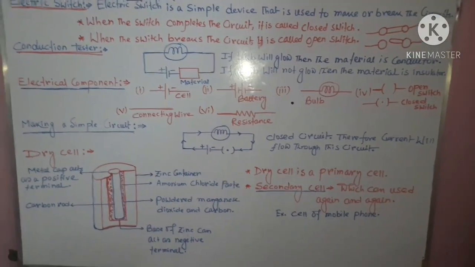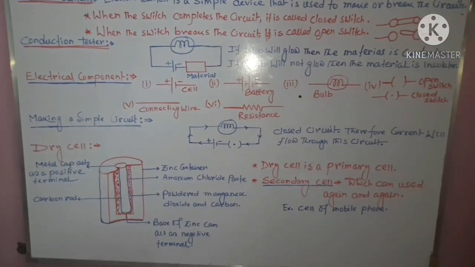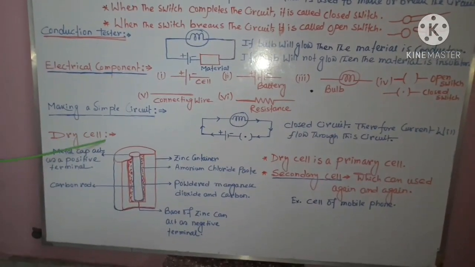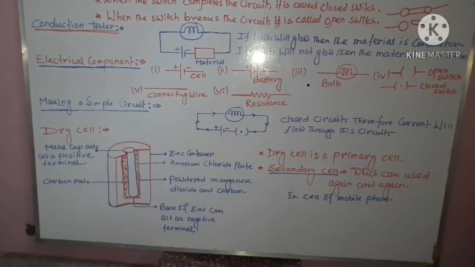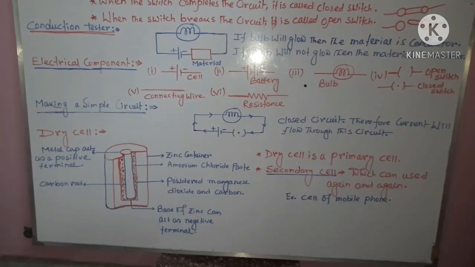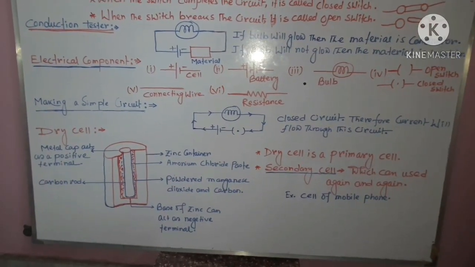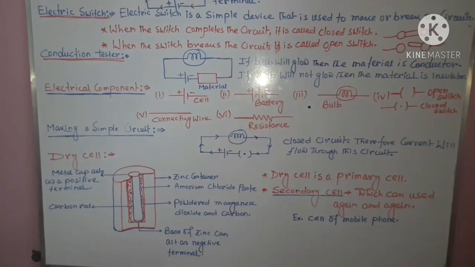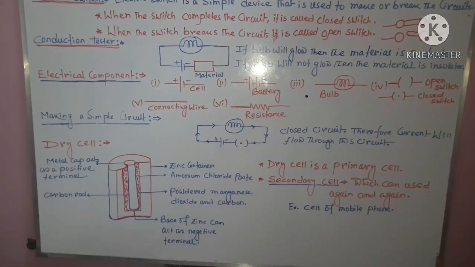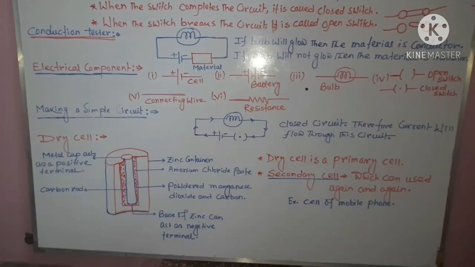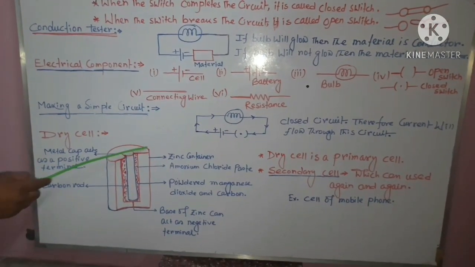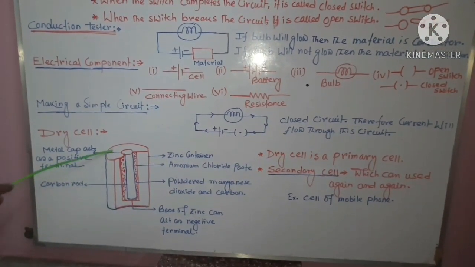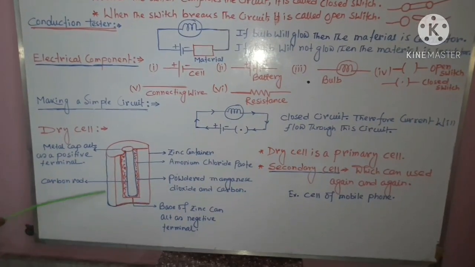And last, we have to know about the dry cell. So a dry cell is a source of electricity. Now first, you have to know the construction of the dry cell. See the diagram very carefully. This is a zinc container of the dry cell.